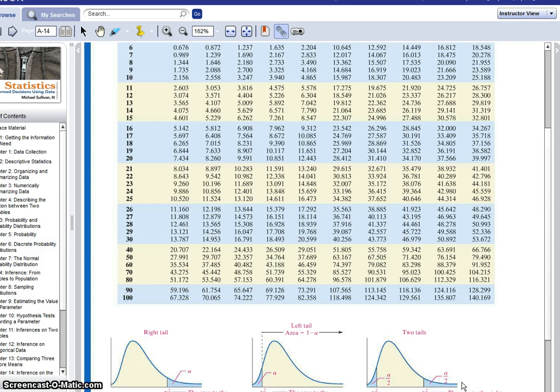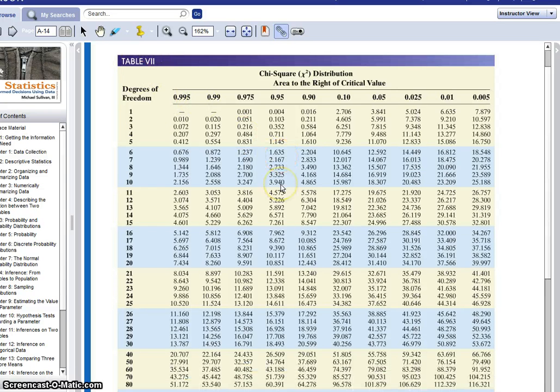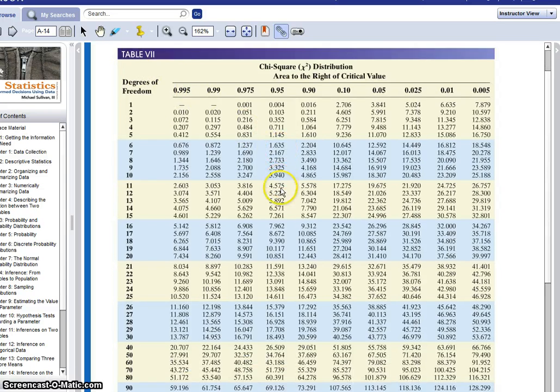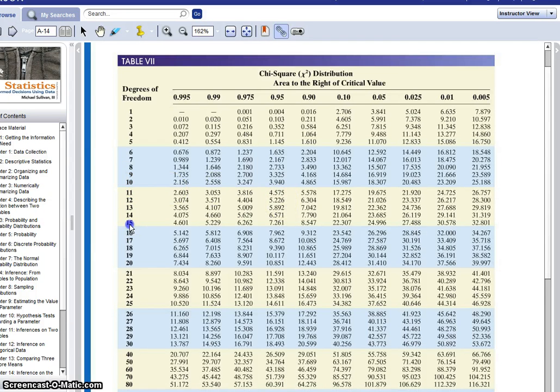And so what you'd want to do then, using the table here, this is table 7, again, this involves 15 degrees of freedom. You'd want to look at the row that has 15 degrees of freedom, and the columns that correspond to the area to the right being 0.95, right?